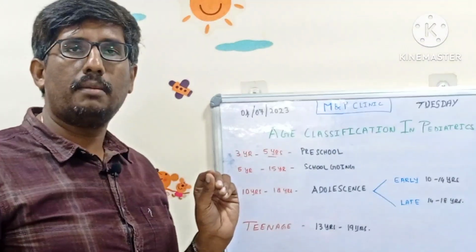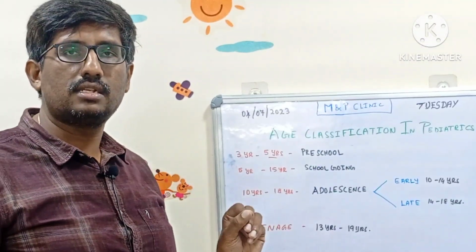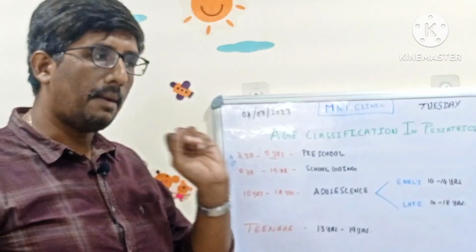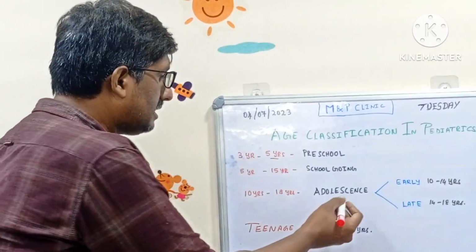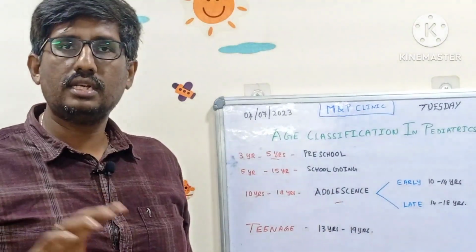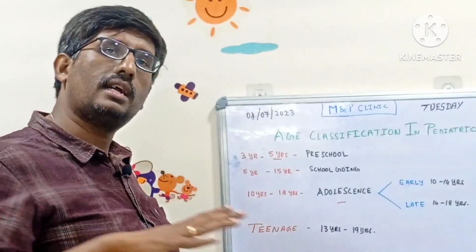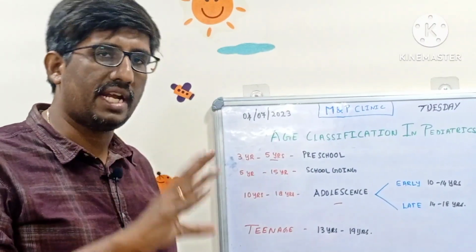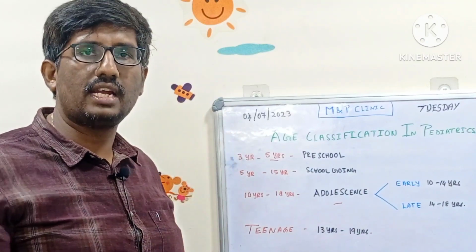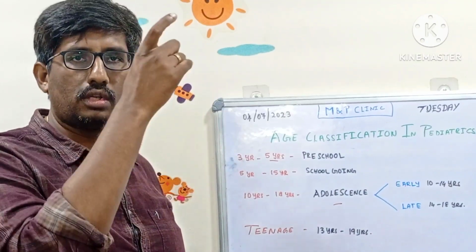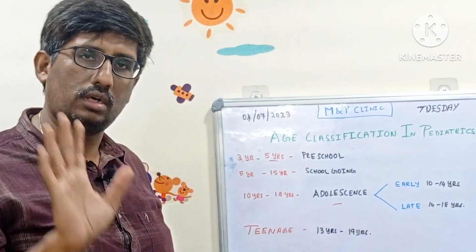More behavioral issues, addictions and abuse usually happen in this adolescent period. So this is the basic funda and the concept behind classification of age group in pediatrics. We will finally revise one more time all the age groups, just the names alone.